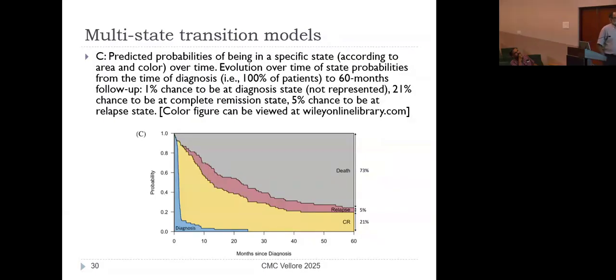So you have whether you stay in diagnosis or eventually you progress from diagnosis to something else, but the complete remission state is one where you stay for a long time, but once you relapse, you don't stay there long. You move to death, and of course, you cannot move out of death once you move on to it.